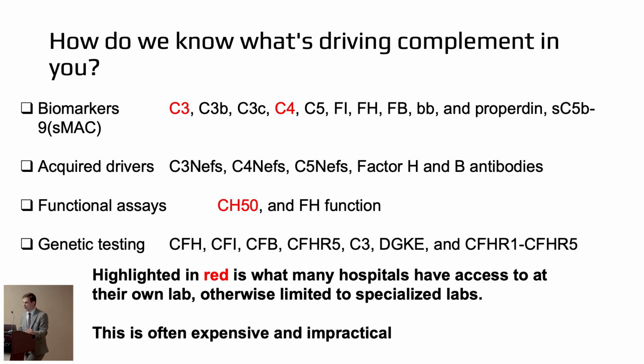And if we can do that, then we can usually choose a therapy in which we can inhibit the immune system at the right place at the right time. The problem with this is all these specialized lab tests have to be carried out in a specialized lab.